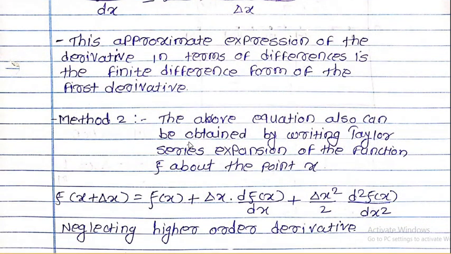Now there is another method to get this equation. Method 2: the above equation can also be obtained by writing the Taylor series expansion of the function f about the point x.